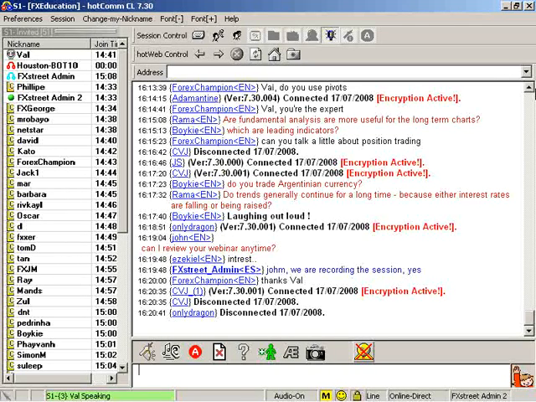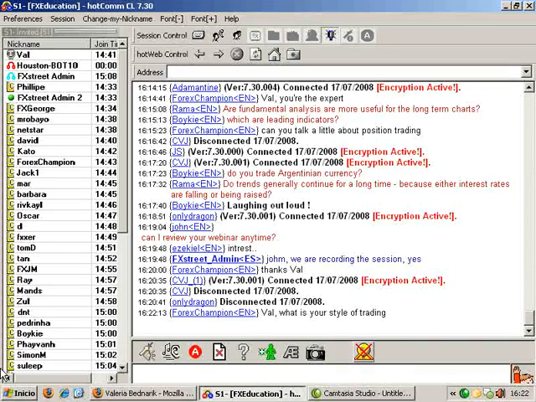We could justify dollar strength after payroll in many different ways, saying that the market had already priced in the European rise in rates. I don't know. That's just a market reaction, and you can't forecast it with fundamentals, those kinds of things.